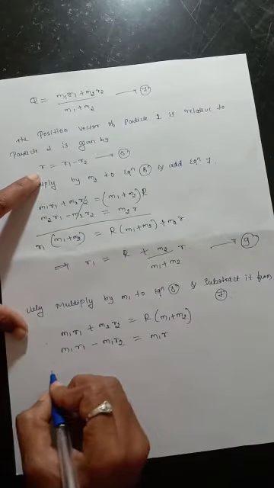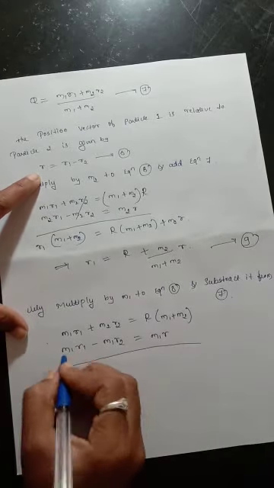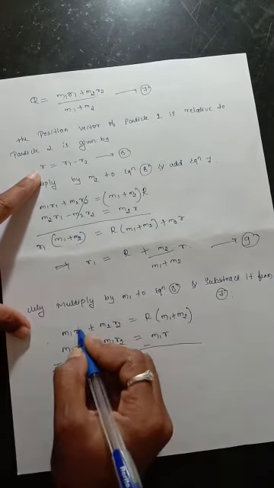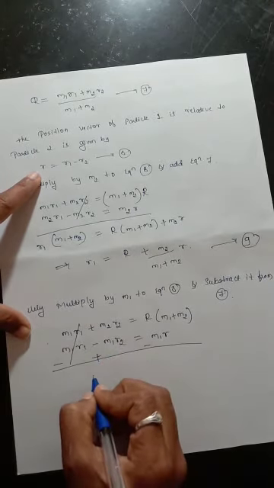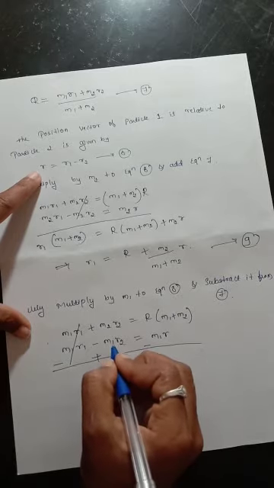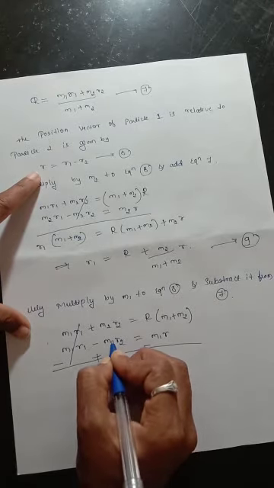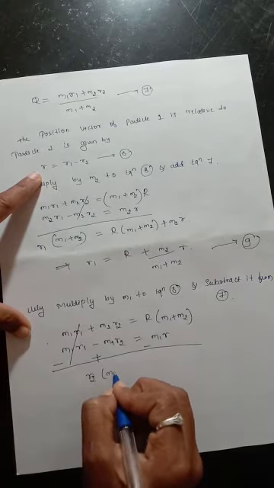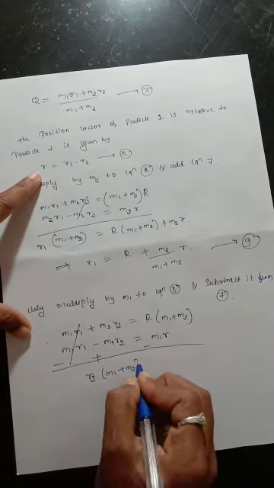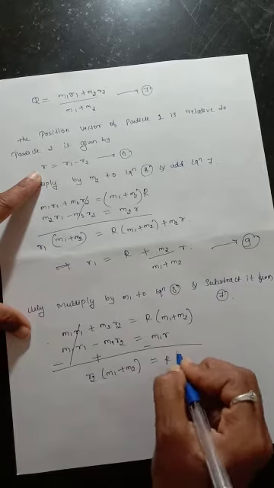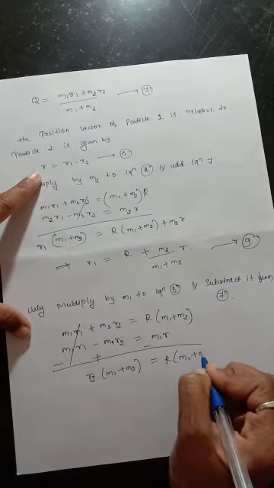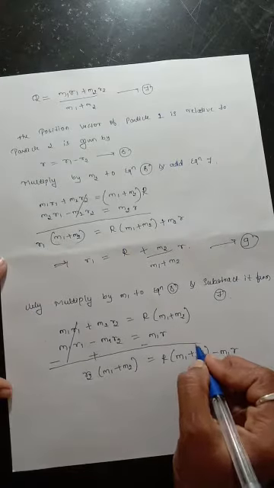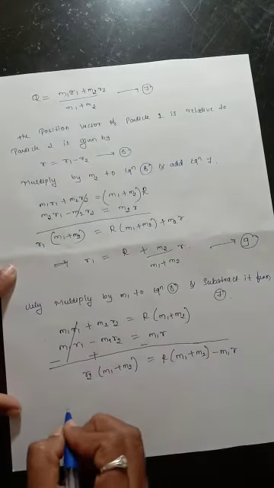Next, subtract. Minus plus minus. Okay, m1 r1 gets cancelled. Next, r2 times m1 plus m2 equals capital R times m1 plus m2, and subtraction means minus m1 r.